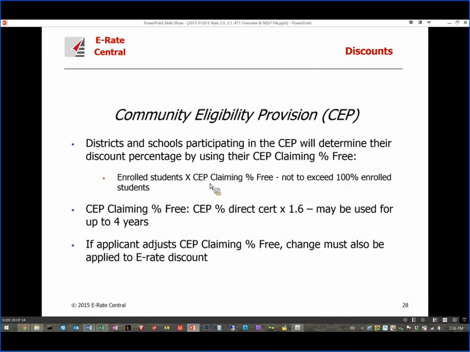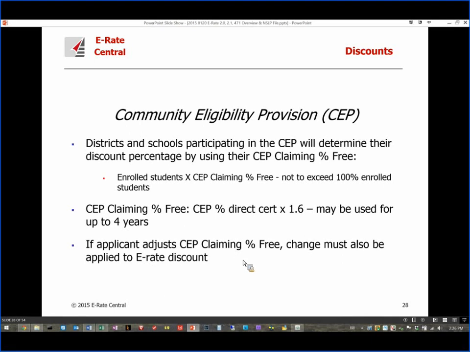And that percentage of free is basically derived by multiplying their CEP direct cert times their 1.6, and that gives them their percent free. Basically, if their direct cert percentage is 62.5 or above, then they're 100% free.